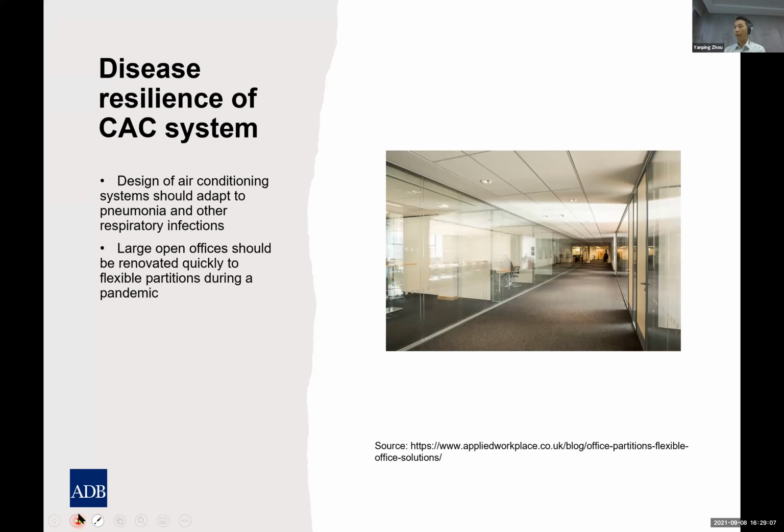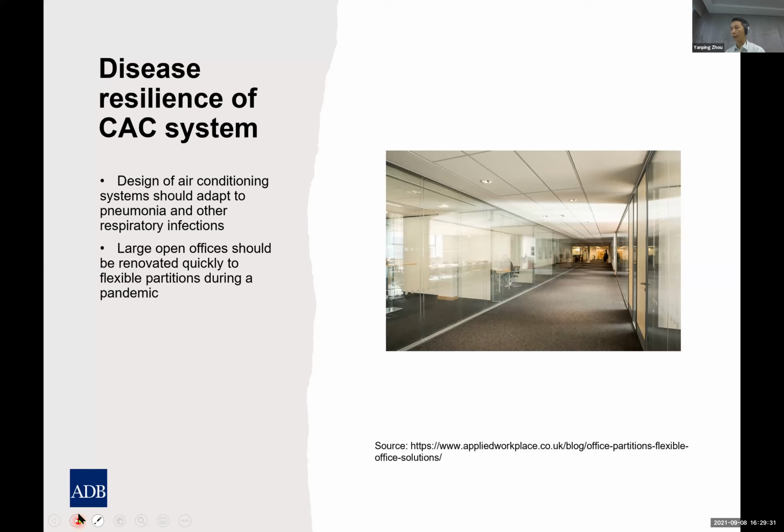Yeah. Finally, we come to the disease resilience of the system. It wasn't really a concern before this coronavirus pandemic. But now, after two years of suffering, we know what could happen if we don't design a good air conditioning system in the beginning of a building project.